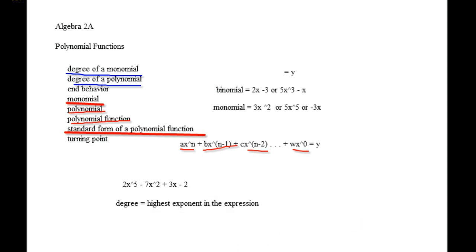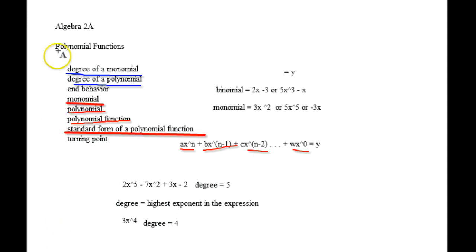So let's take the polynomial up there, and let's do 3x to the 4th right here. The degree right here is equal to 5, and the degree right here is equal to 4. It's the highest exponent. It doesn't matter if the number is positive or negative. It doesn't matter about anything except that exponent.